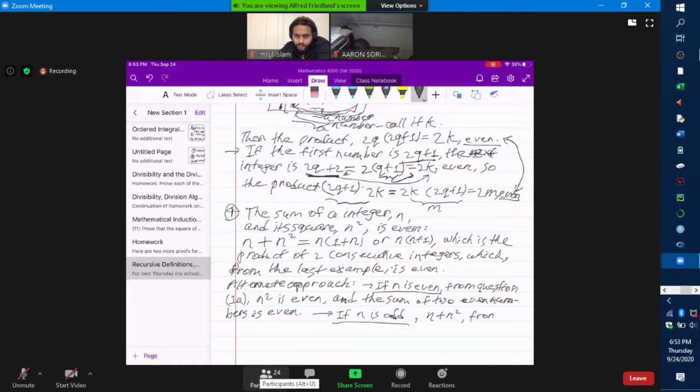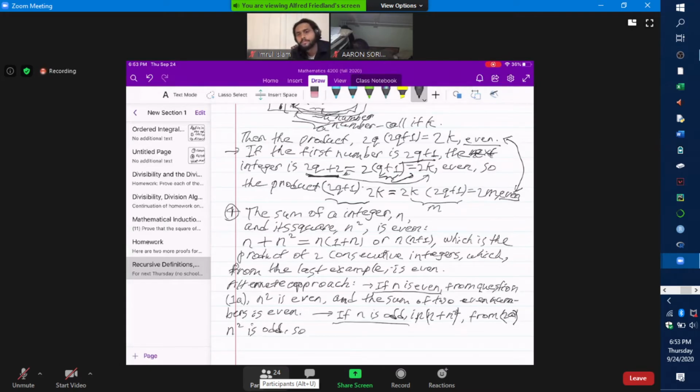So from question 2A, if n is odd in n plus n squared, n squared is odd, right? We showed in question 2A that if n is odd, n squared is odd.